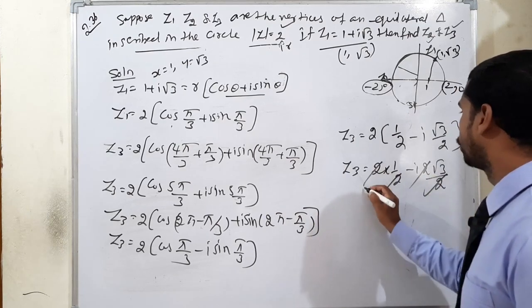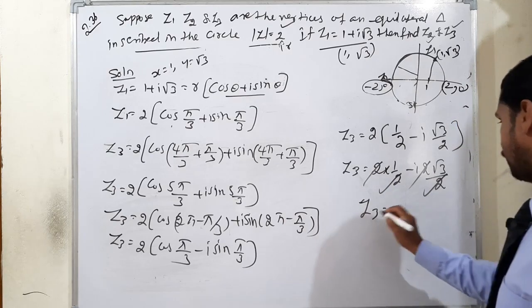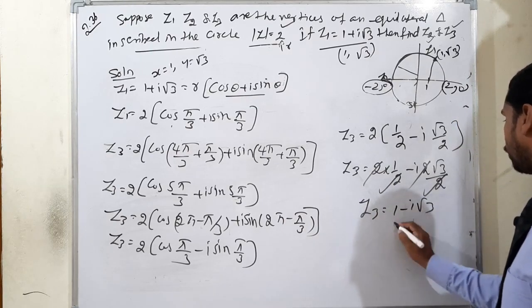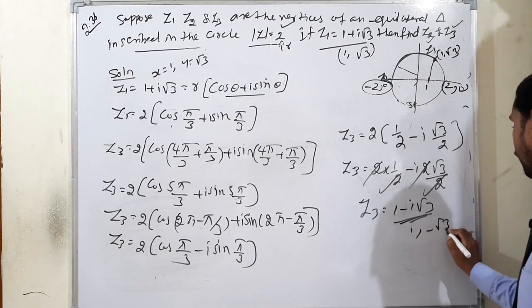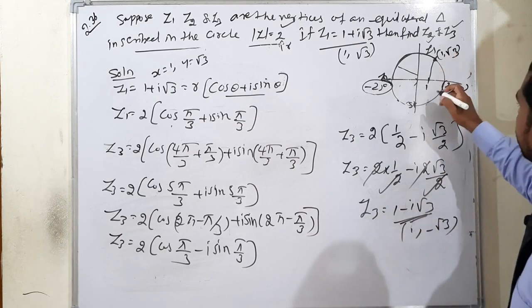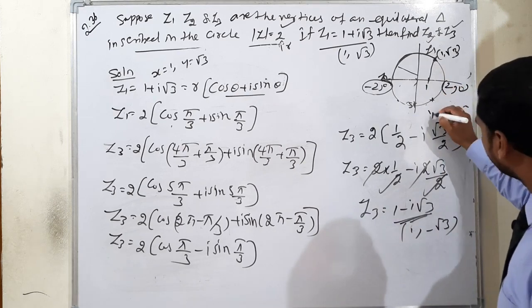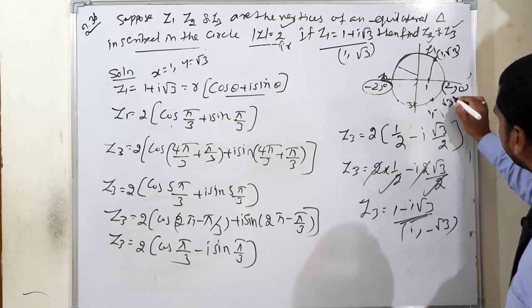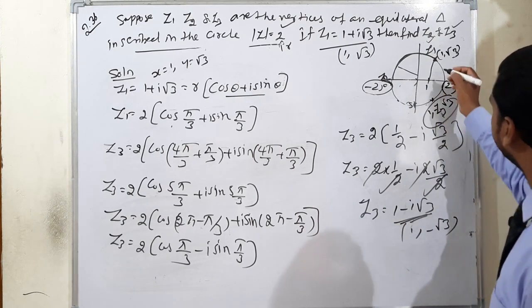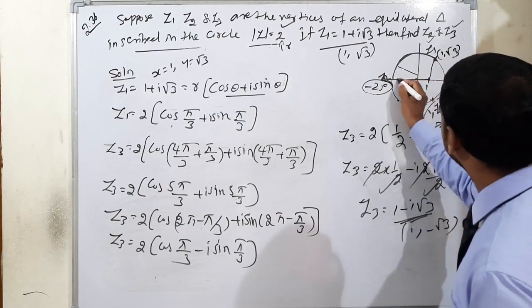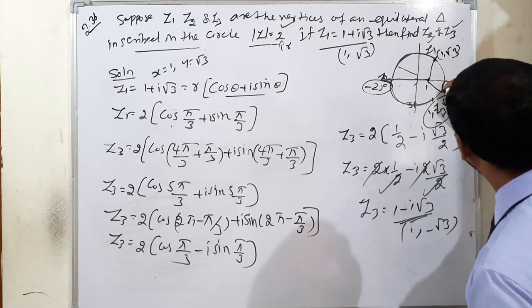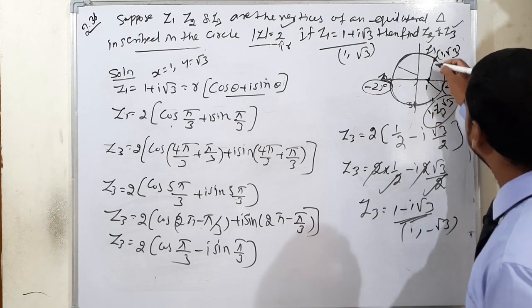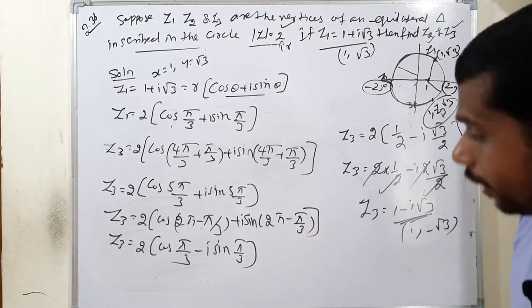Again the 2s cancel, so Z3 is equal to 1 minus i root 3. 1 minus i root 3 means what is the coordinate point? 1 comma minus root 3. This is the opposite of 1 comma root 3. This is considered for Z3, and this is Z2, isn't it? So definitely it will lie here. Now, I will show it clearly. Listen.